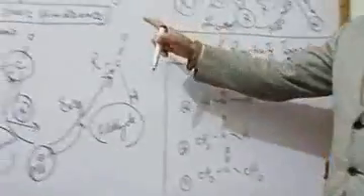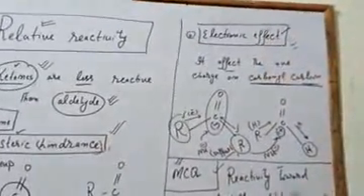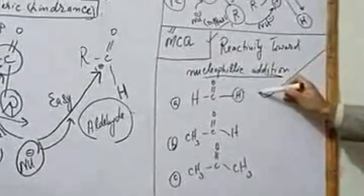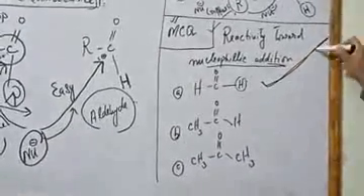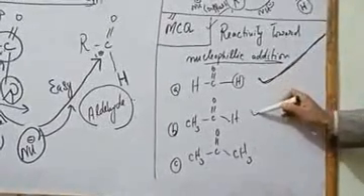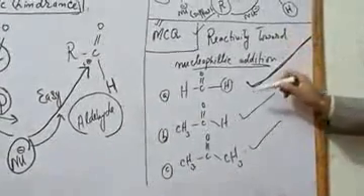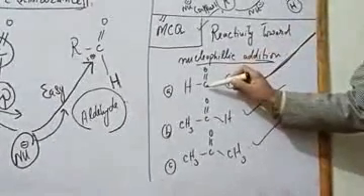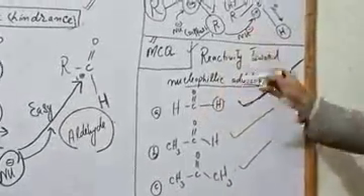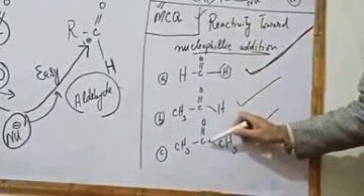Keeping in mind these two factors, steric hindrance and the electronic effect, this one is more reactive, followed by this one and followed by this one. If the question asks which is more reactive, formaldehyde is more reactive. If the question is asked the other way, which one is least reactive toward nucleophilic addition, then acetone is the proper choice.